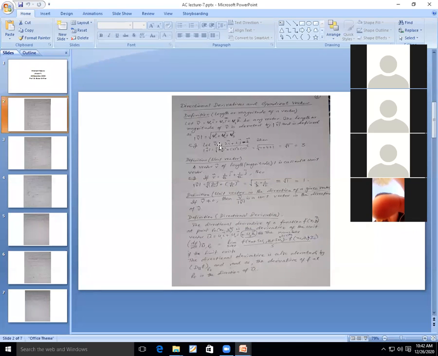Since this slide is handwritten, I put this arrow on V and V1, V2 and V3 and so on.